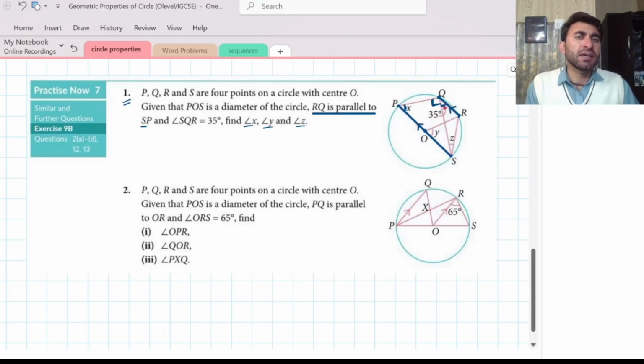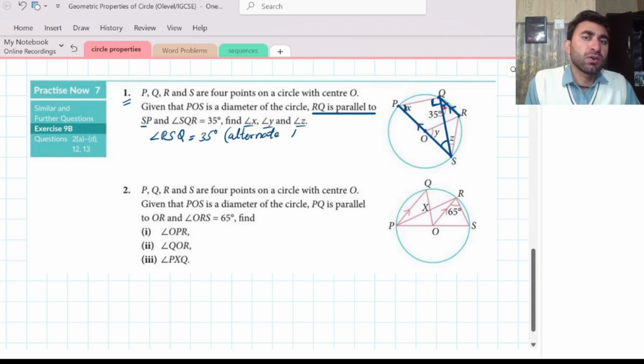Then in order to find the angle X in this triangle PQS, we need the angle over here, the angle PSQ. Angle PSQ will be equal to 35, because we know RQ is parallel to SP, so this line segment QS will act as a transversal, because it is passing through the pair of parallel lines, and the angle PSQ is alternate to angle SQR, so they are definitely equal.